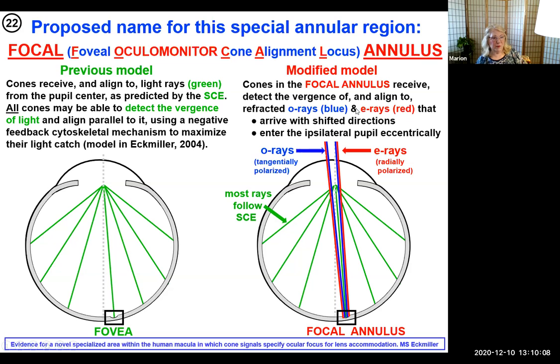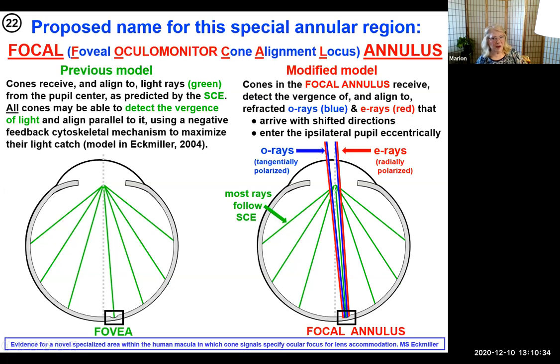And both of these forms of light, having gone through the HFL, arrive with shifted directions, and they enter the pupil, not from the center of the pupil, but eccentrically, and in fact, ipsilaterally. And the E rays and the O rays are polarized orthogonally to each other.